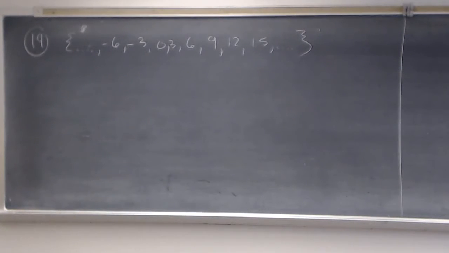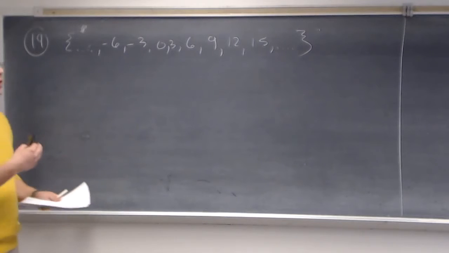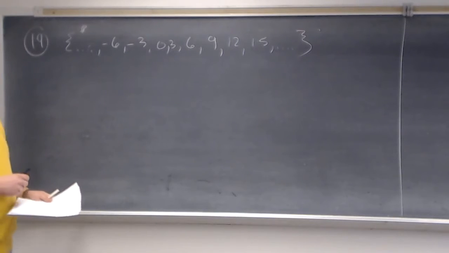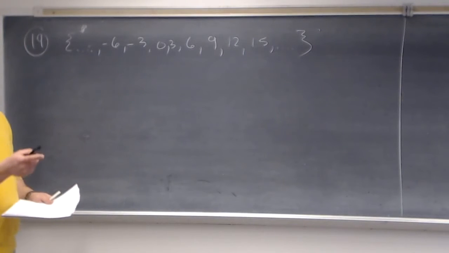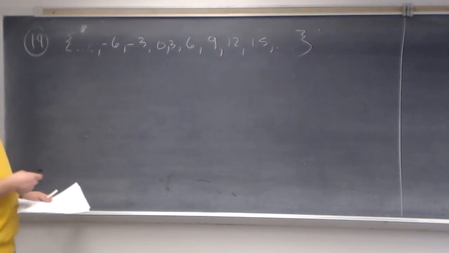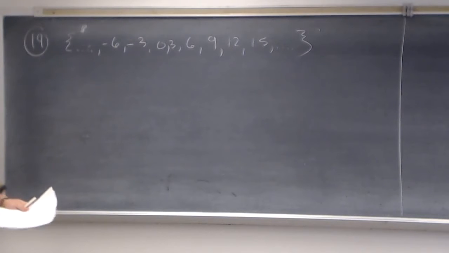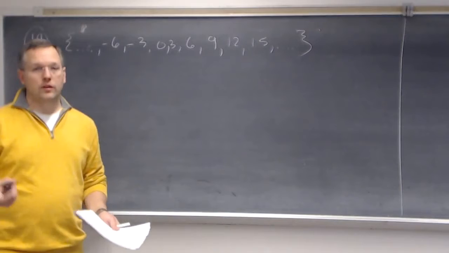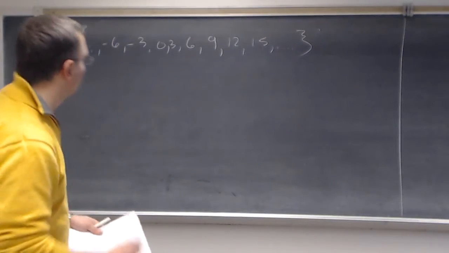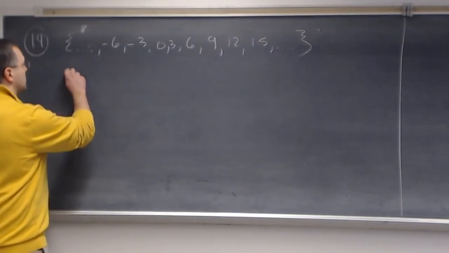That's a way to help you rewrite it in set builder notation. Integers, okay, multiples of 3. So these are all the integer multiples of 3. You guys agree? So that would give us a way to write this in set builder notation.